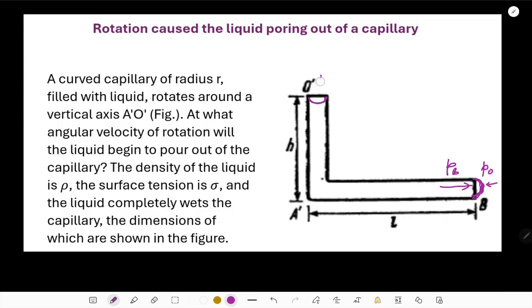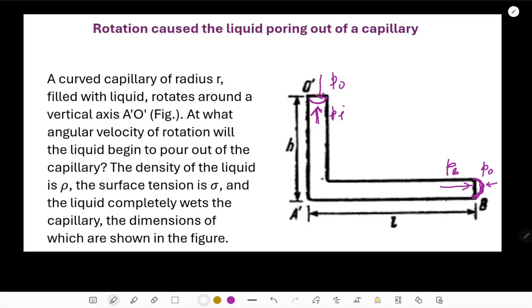And this is the environment, so I would like to call it the outside pressure. This must be greater than the inside pressure, and we need to write equations for this.